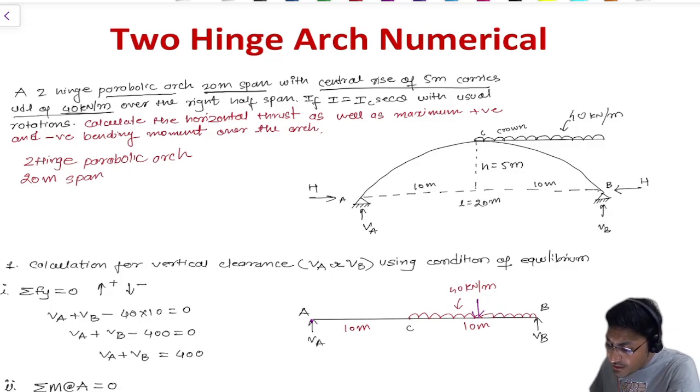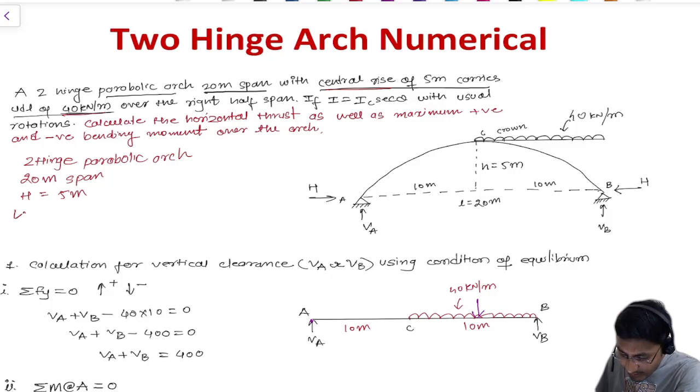Next is the central rise, which means the height. From here to here, this height is called the central rise, which is h, 5 meter. It carries a UDL of 40 kilonewton per meter, so they have also given us the load.